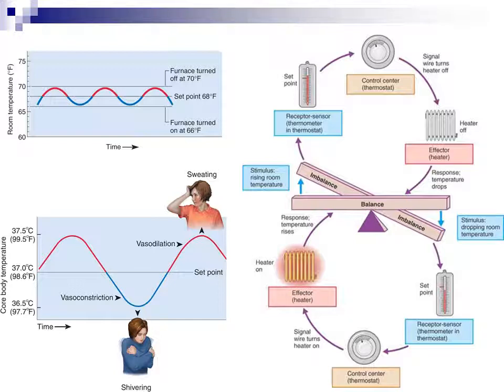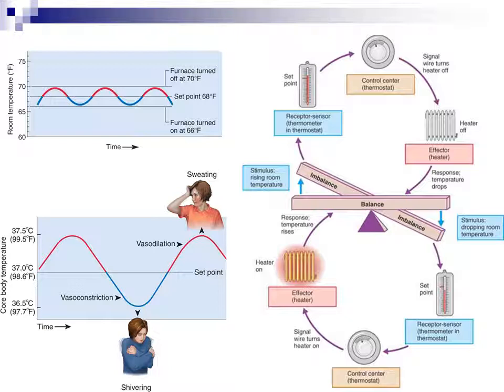It sends information regarding the temperature to the control center, the thermostat, via the afferent pathway, which compares the current temperature to the ideal. It will once again make the decision, this time that the temperature is too high compared to the set point.